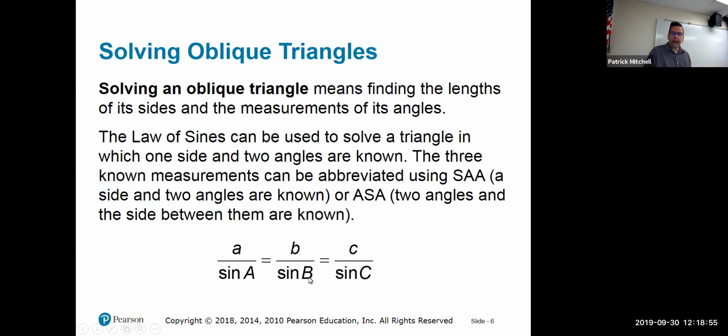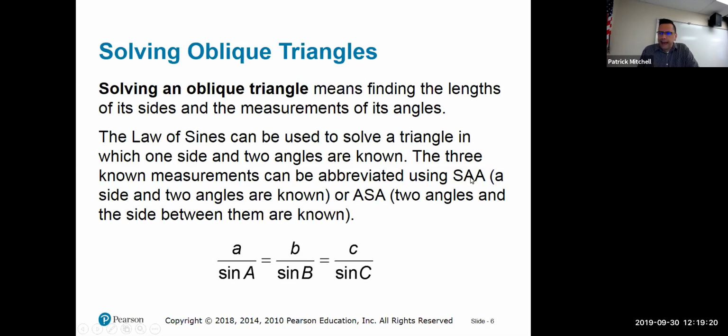Same if you had big A and big B. Or even if you had little a and big C, because if you have angle B and angle C, then you can use the fact that the 3 angles have to add up to 180 degrees to complete this other ratio.